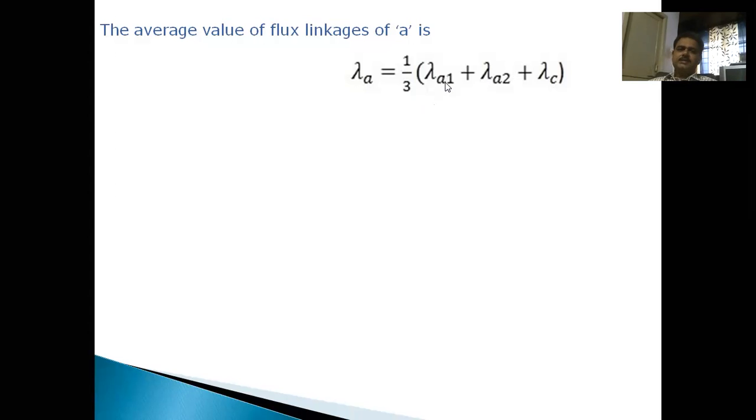Since 3 conductors are there, for a 3-phase system total 3 sections. Now that value becomes 1/3 into all the 3 flux linkages. Okay. Here again one more mistake.